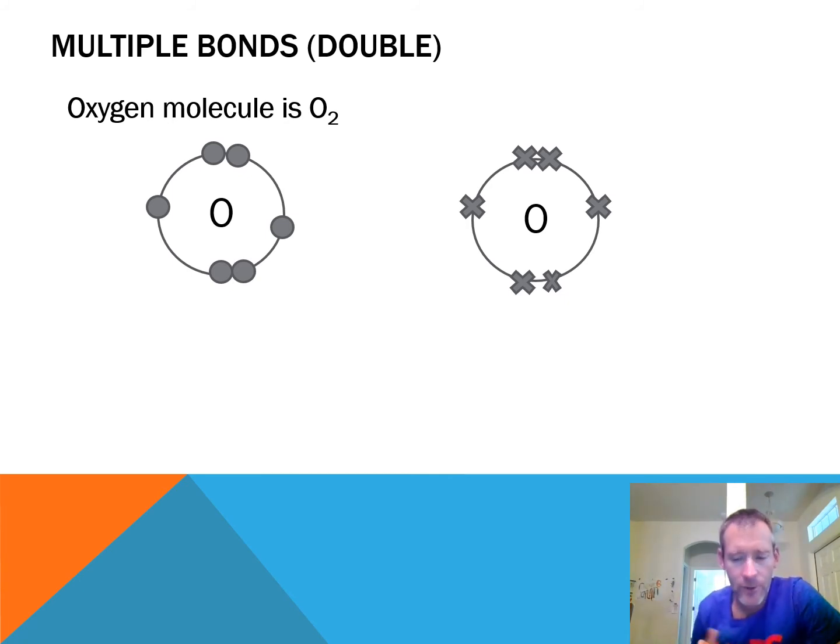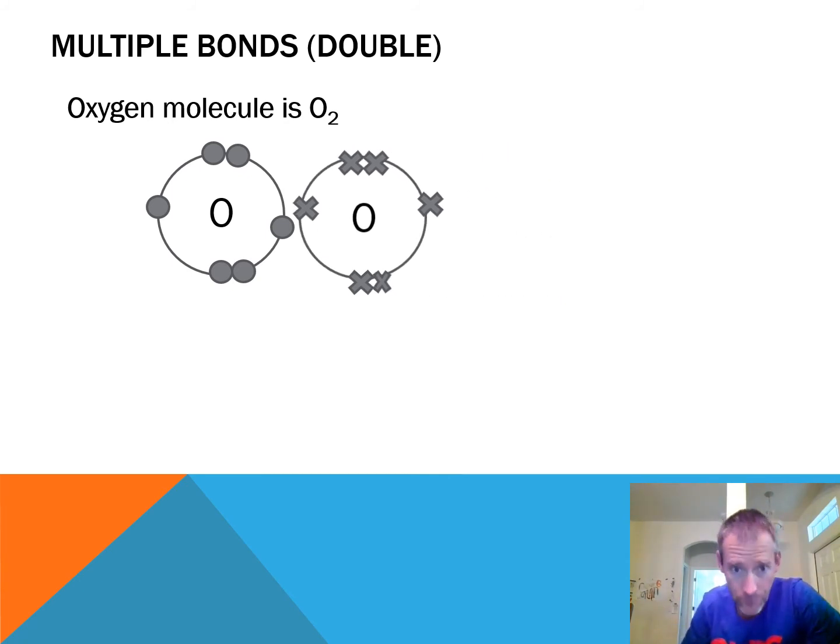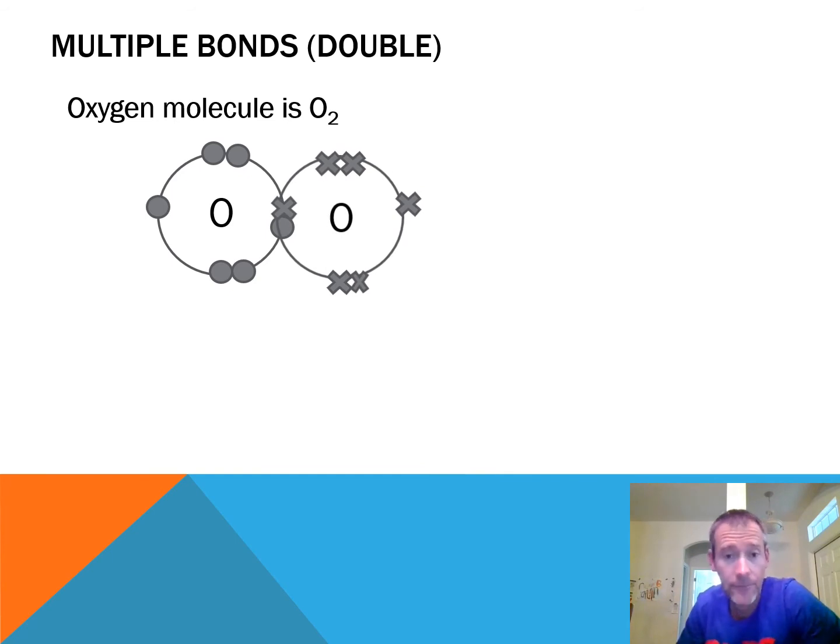You can form a covalent bond like that, 1 to 1, perfect. But if you count the electrons around oxygen, there's only 7, and 7 on the other one. So oxygen on both ends has a lone electron, which is not good. It needs to pair up.